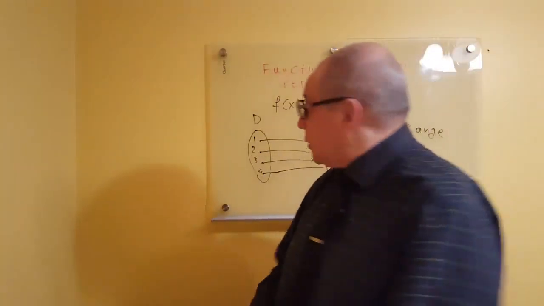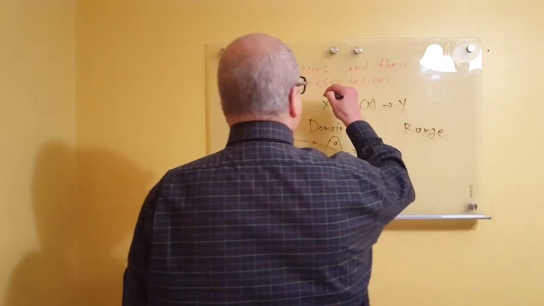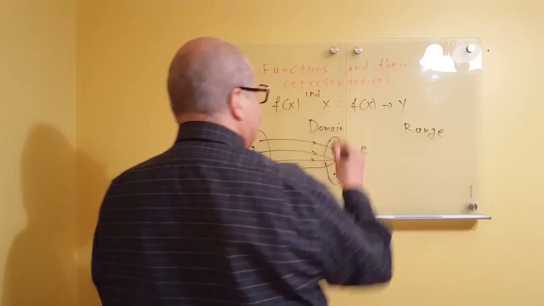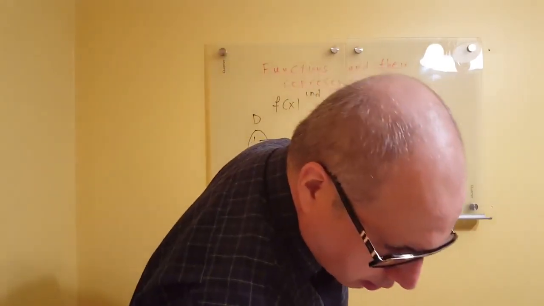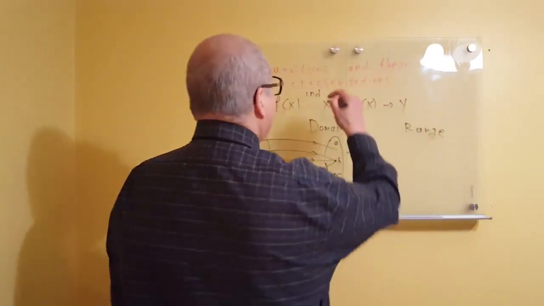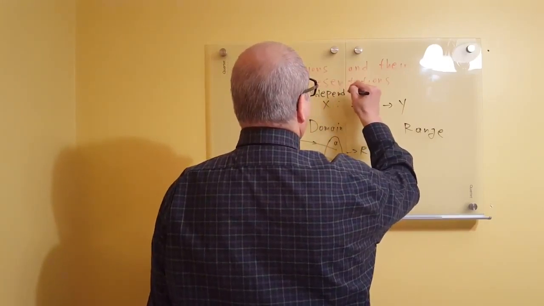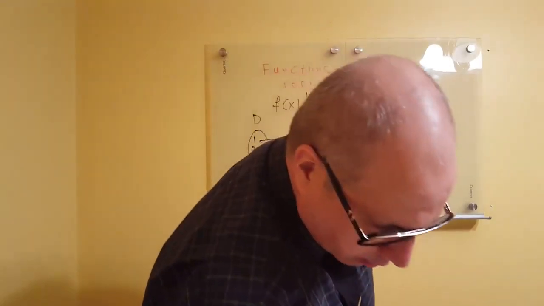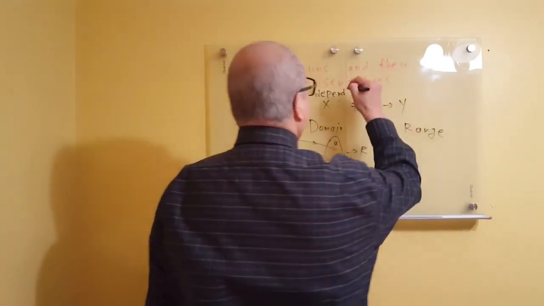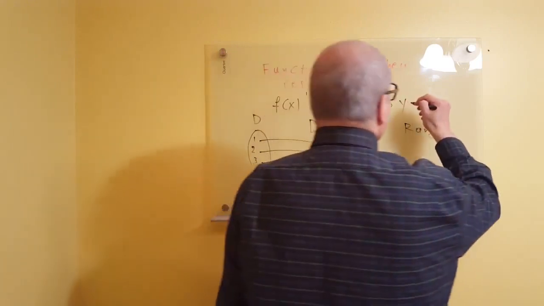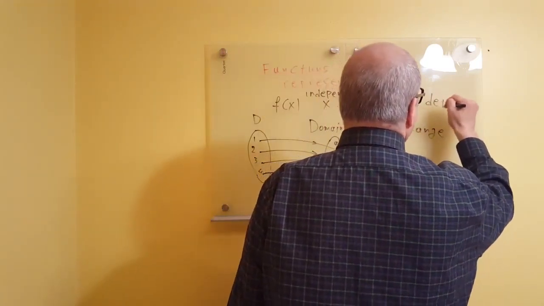So now, this value here, the x, is called the independent value, and this here is called the dependent.